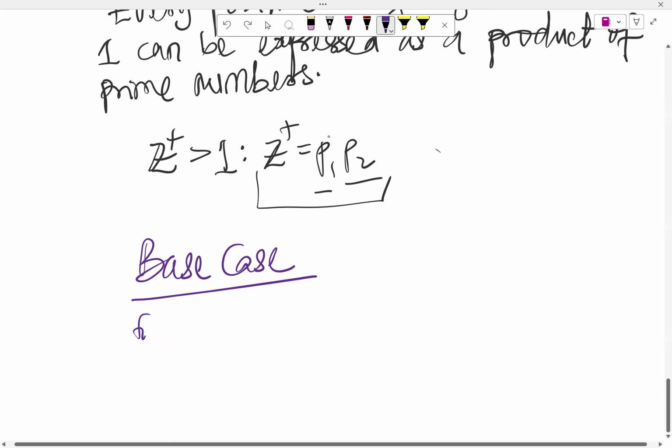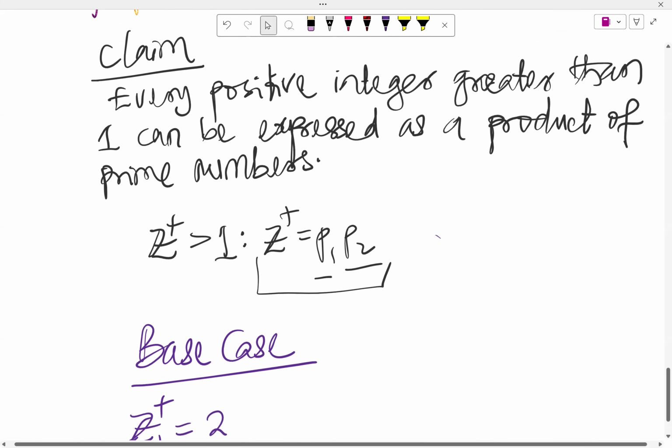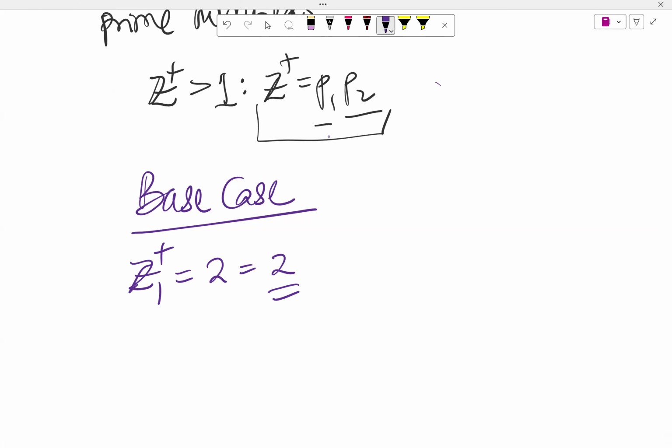Let me call it z1 plus, which is 2. That's the first positive integer greater than 1, and of course, that's simply 2. 2 is already a prime number, so there's nothing you can do to that. That is like our n equals 1, because we are talking about integers greater than 1.